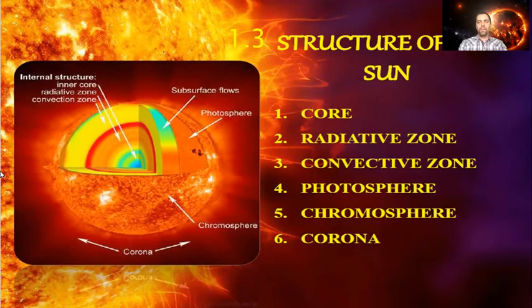The different properties of plasma, such as temperature and density, create various layers within the sun's structure. We will check now the structure of the sun from inside out. First of all, inside the core, then the radiative zone, then the convective zone, then the photosphere, the chromosphere, and also the corona.